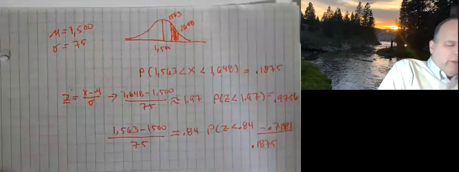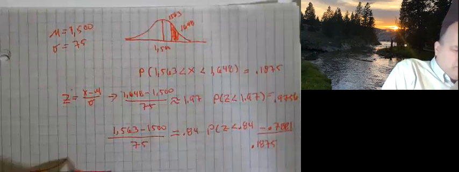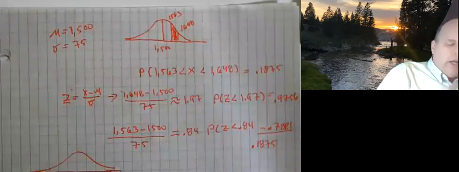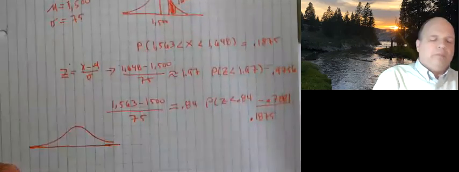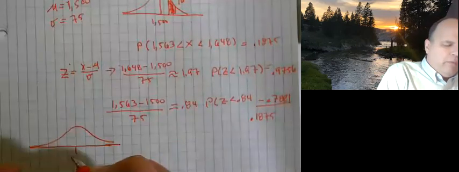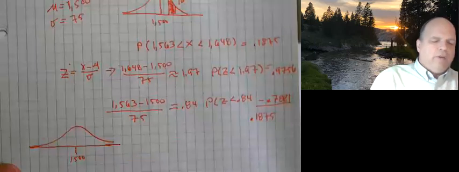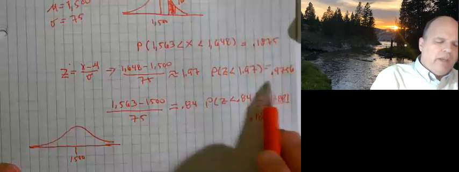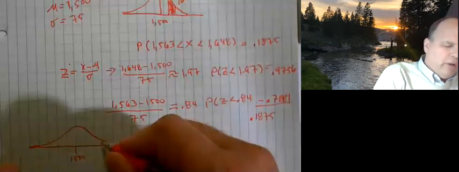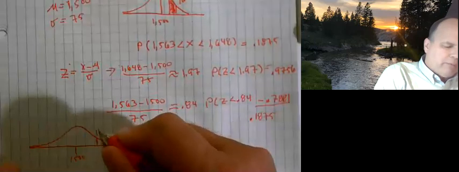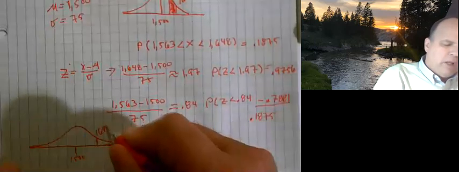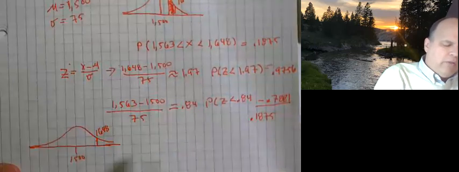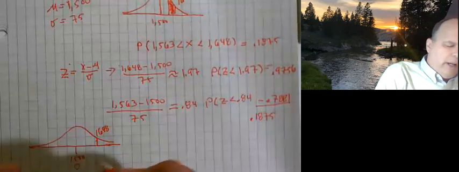Now, let's real quickly look at the z-score and what we were doing. We calculated that first z-score. This was our mean, 1500, and we got a z-score with the 1648, so I'll put the 1648 here, associated with a z-score of 1.97.